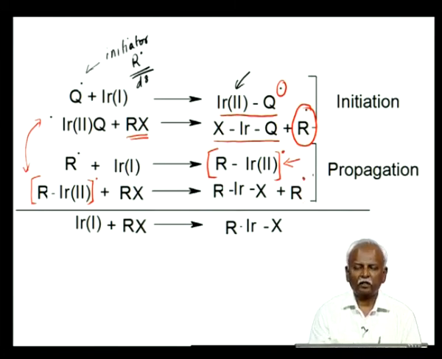Now, because you have a radical intermediate in this whole reaction, what we will end up with is loss of chirality at the carbon which is undergoing oxidative addition.